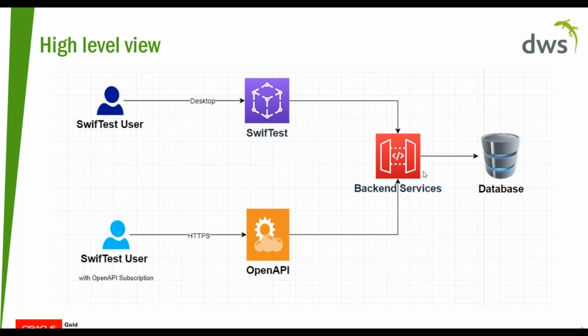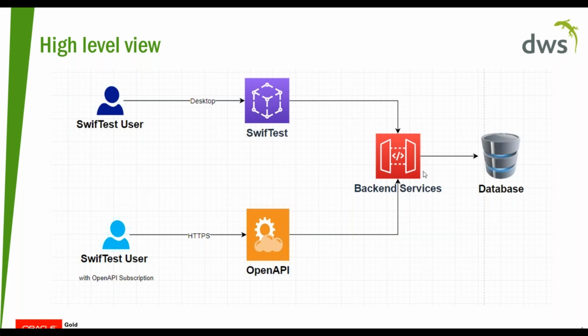So at the moment we have the SwifTest application, which I'm sure you are familiar with, is a desktop application. It's a standalone installation, and as you can see from the diagram, that's the current flow of the SwifTest desktop app. And with the OpenAPI, we introduced a new mechanism to communicate. That's done via HTTPS.